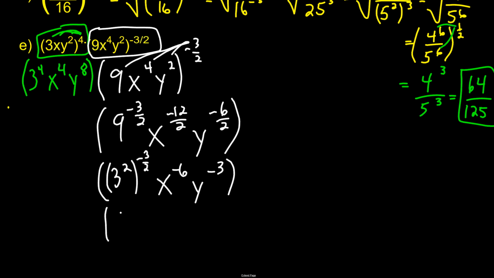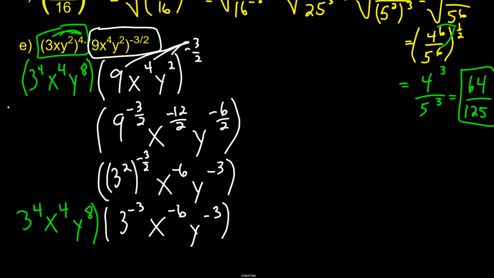So this is just going to be 3 to the negative 3. And then x to the negative 6 and y to the negative 3. Okay, let's bring this green stuff back down. We've got 3 to the fourth, x to the fourth, y to the eighth.